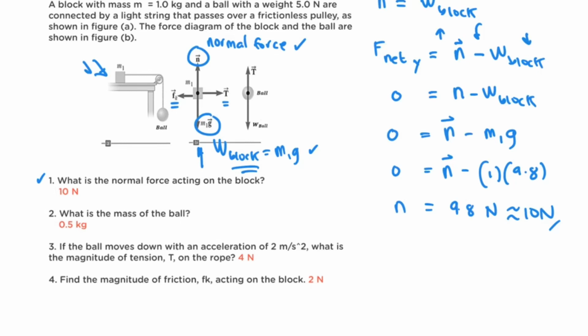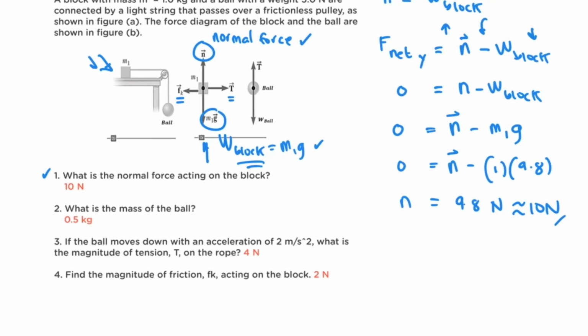Number 2, what is the mass of the ball? If we look into the equation for the weight of the object, weight is equal to mass times acceleration due to gravity. In the problem, we're given that the weight of the ball is equal to 5 newtons, so we just have to substitute that value. 5 newtons is equal to the mass of the ball multiplied by acceleration due to gravity.